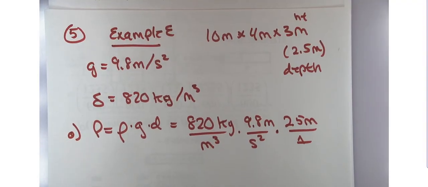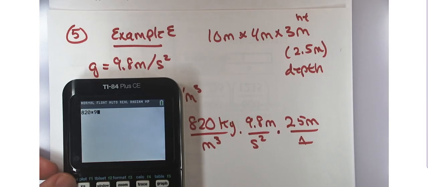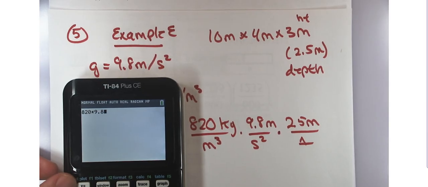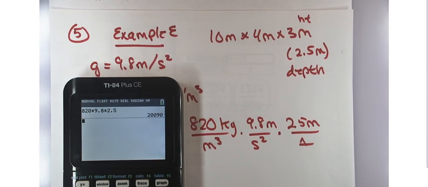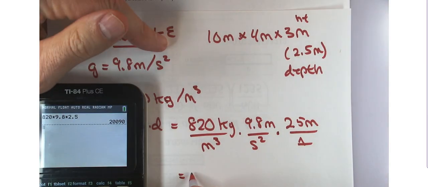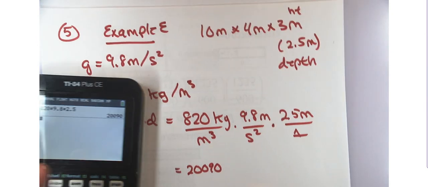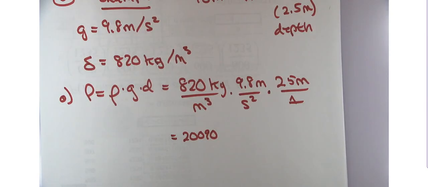Okay, let's see what we get here. Let me take out a calculator for this. Don't feel like doing this in my head. 820 times 9.8 times 2.5 gives me 20,090. And let's play around with the units and see what we're left with.